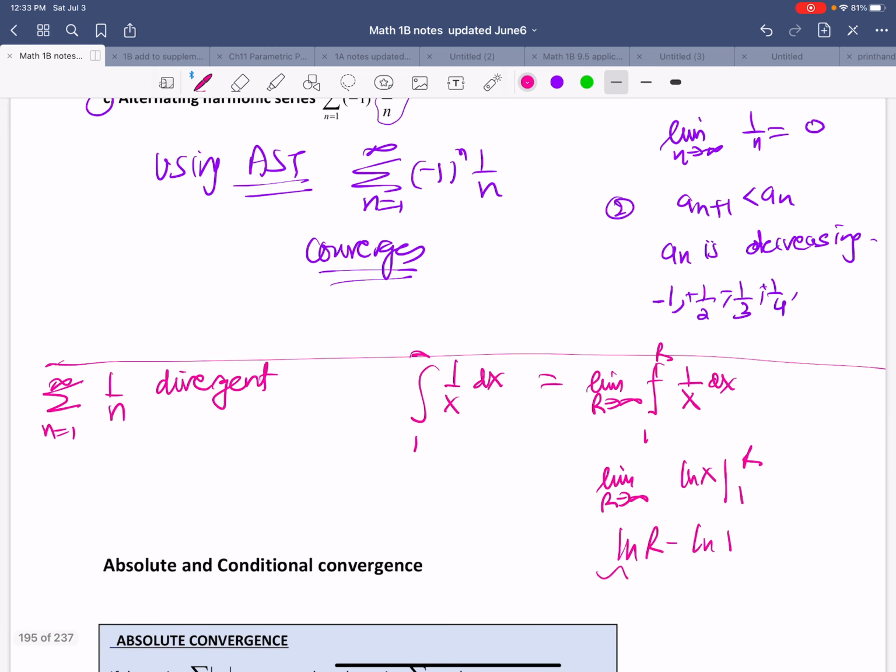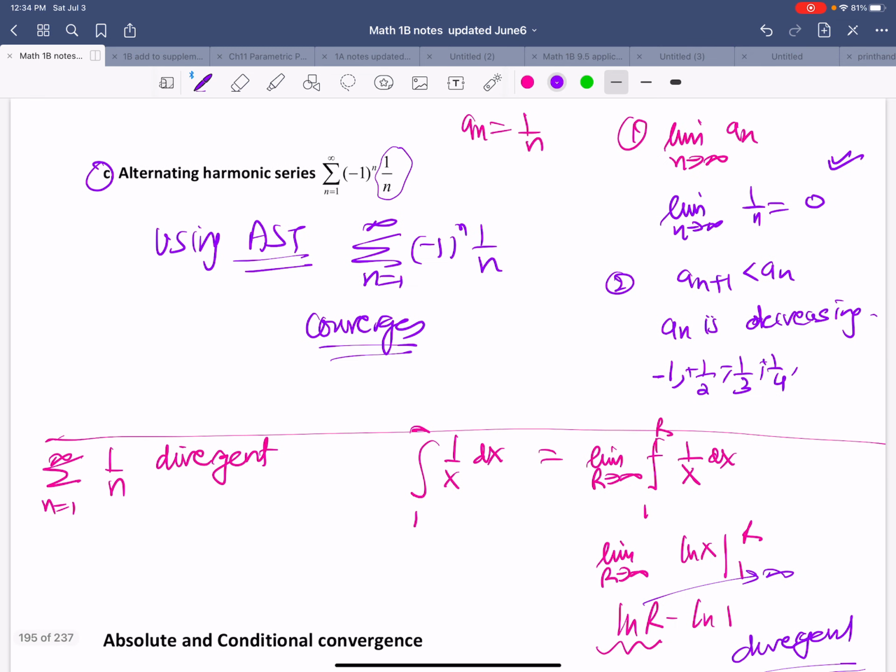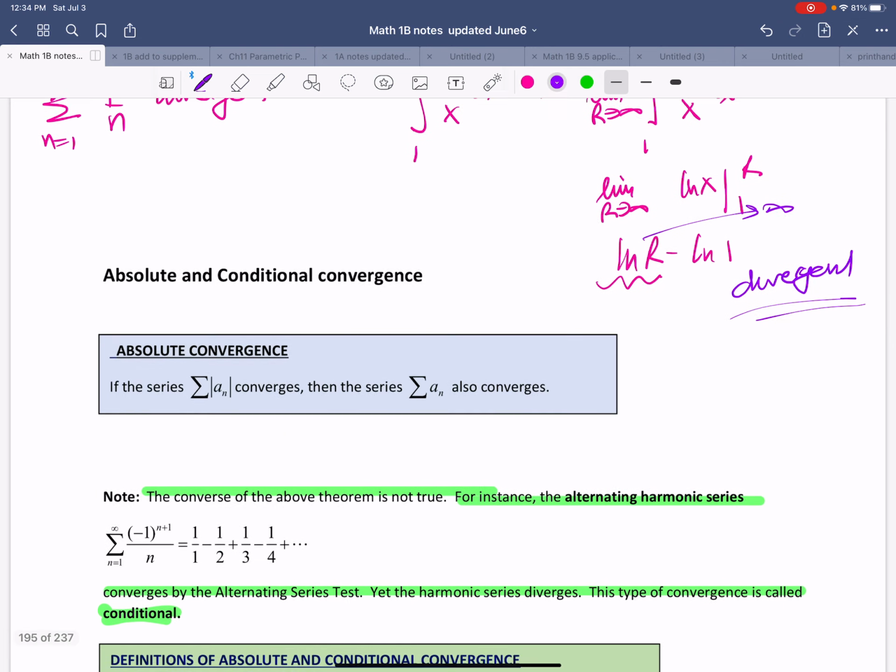And we know natural log of r goes to infinity when r goes to infinity; as x goes to infinity, natural log of x goes to infinity. So this is going to be divergent. The harmonic series in itself is divergent, but the alternating harmonic series is convergent. That means we can find that the sum of the alternating harmonic series is finite, but the sum of the harmonic series is infinite. We cannot find the sum.